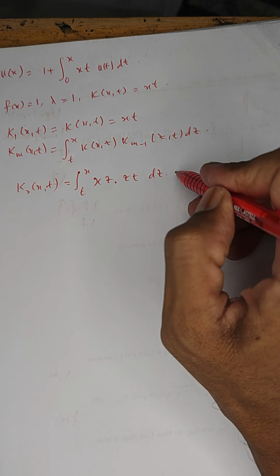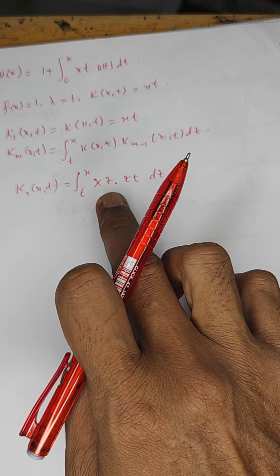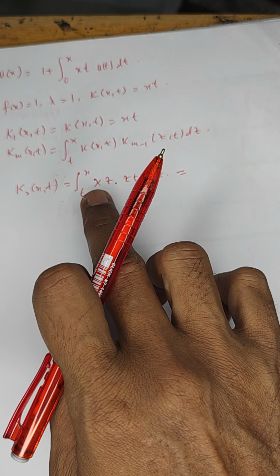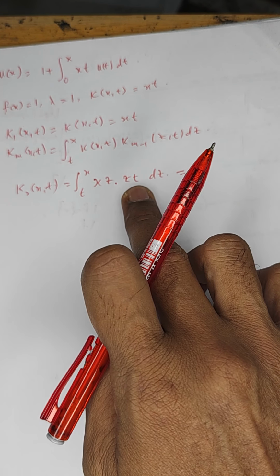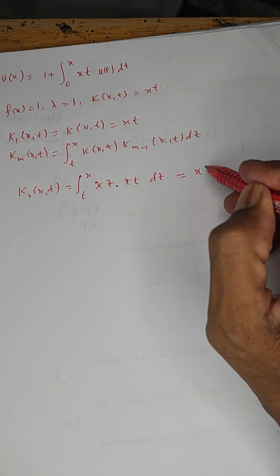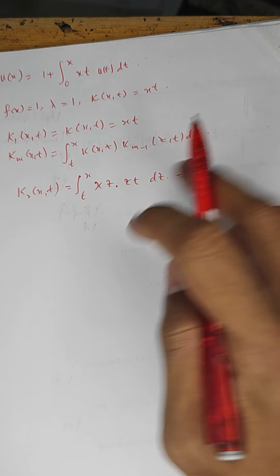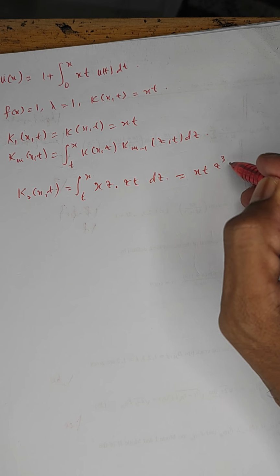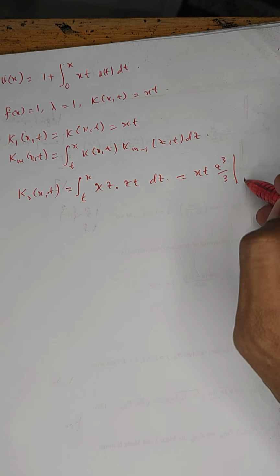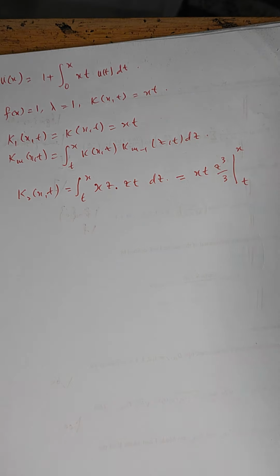Take out the terms without z, so we have xt, and z squared, giving z cubed over 3, from t to x.